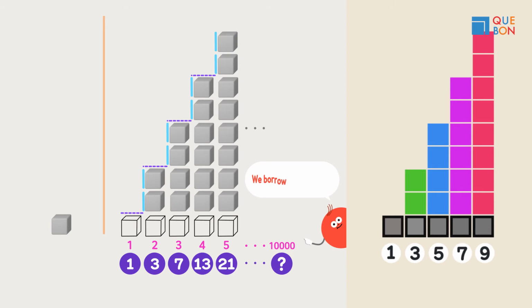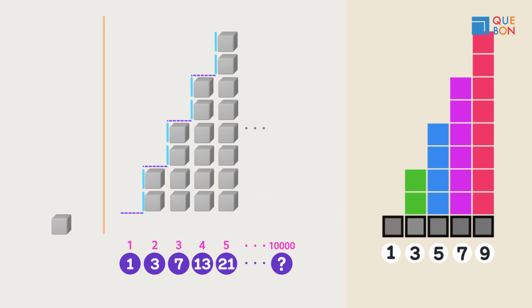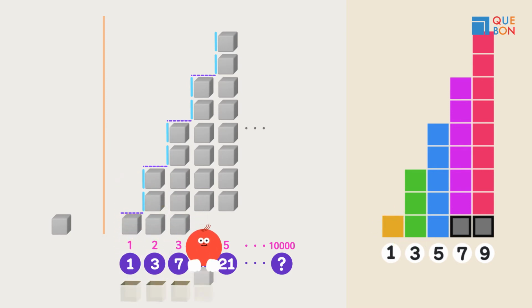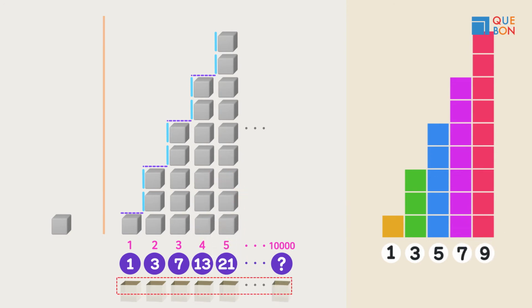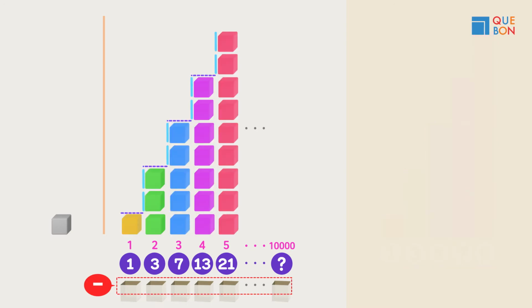How? Since we have nowhere to borrow from, we bring it from nothing. This here is minus. Now we have 1, 3, 5, 7, and 9. Perfect.